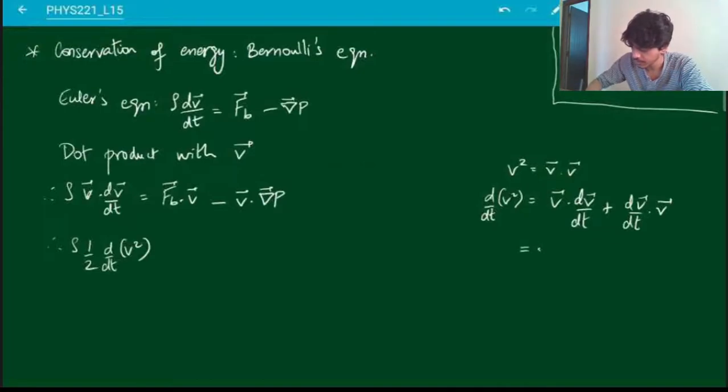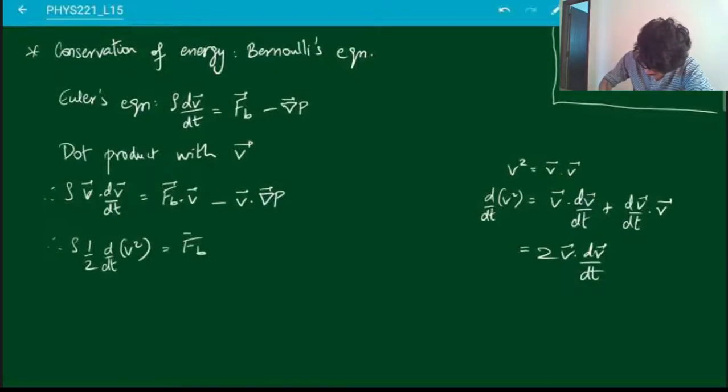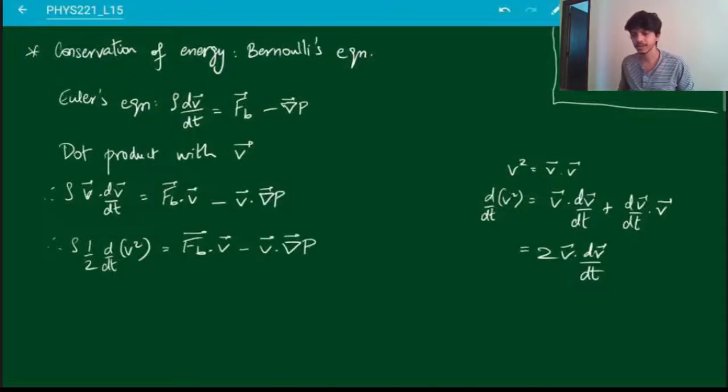So this is just twice. So that's why half d by dt of v square. This is Fb dot v minus v dot gradient of the pressure.